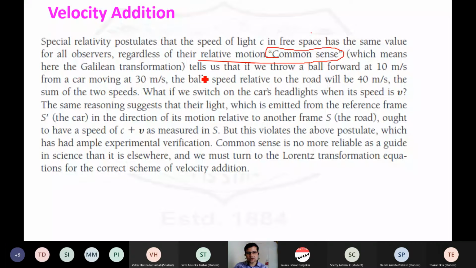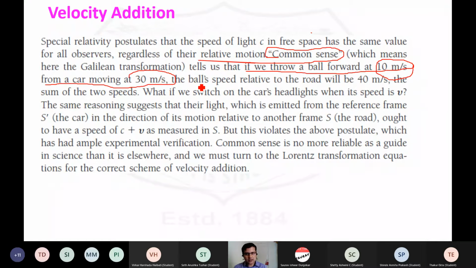So the relativistic equation I'm talking about here is going to change, because the velocity addition rule given by the Galilean transformation is not obeyed here. Suppose you are throwing a ball forward with a certain speed, 10 meters per second, from a car which is also moving at 30 meters per second.